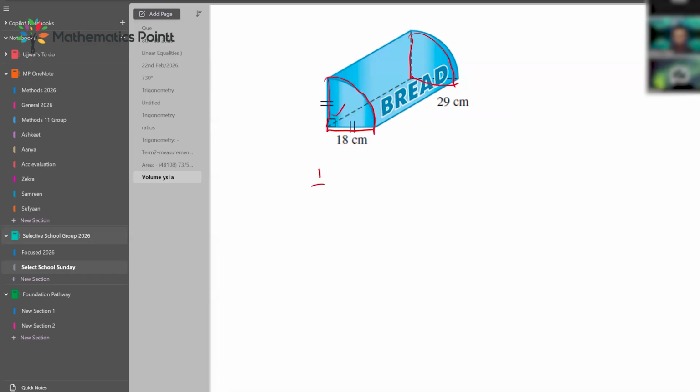This is 1/4 of a circle. The base is 1/4 of a circle. So pi r squared divided by 4, a quarter of a circle. Radius is 18. So 1/4 times pi times 18 squared.